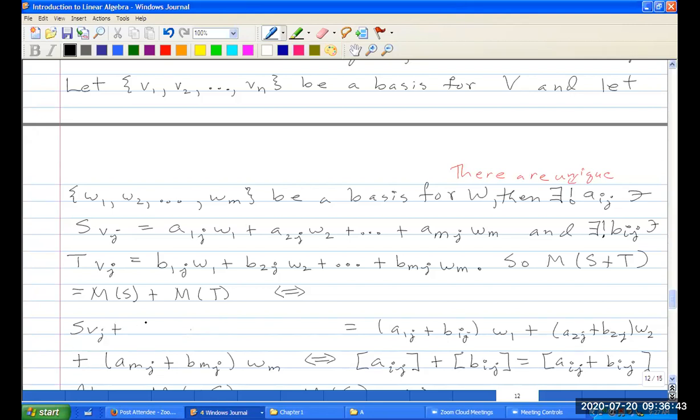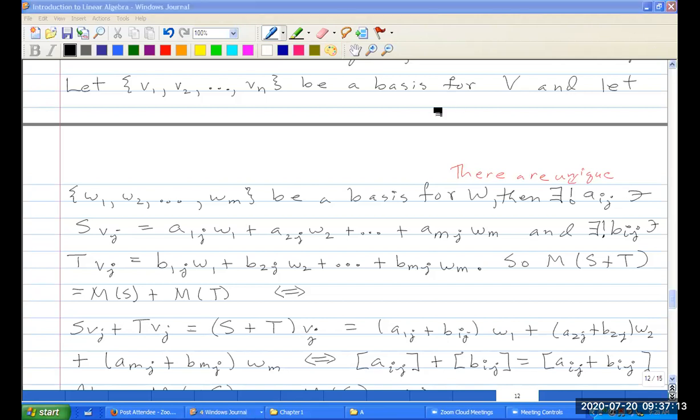S plus T Vj is equal to S Vj plus T Vj. Must equal A1j plus B1j W1 plus dot dot dot. And let me just see here, wait. Vj is not unique.